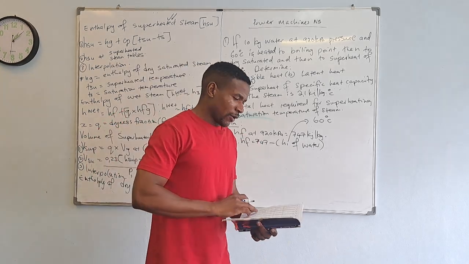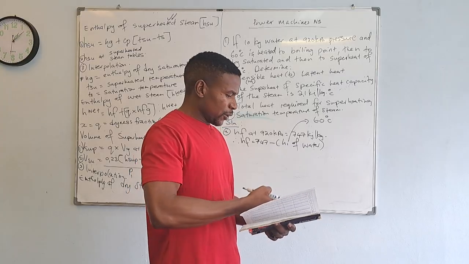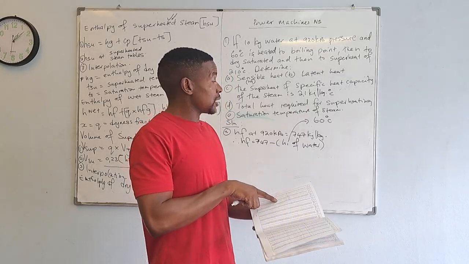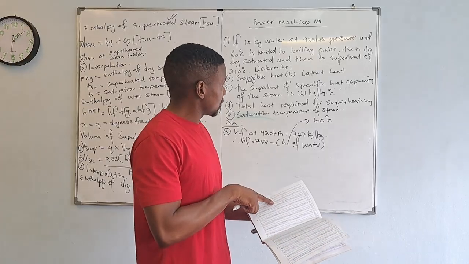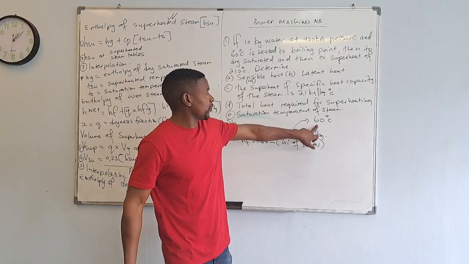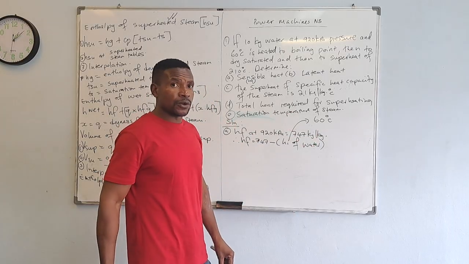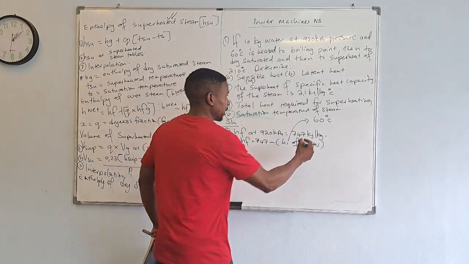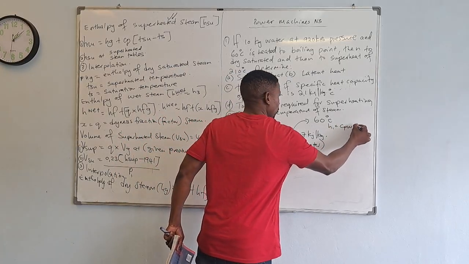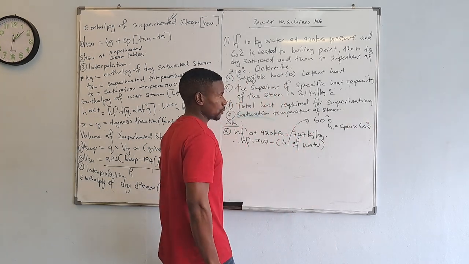But because I know how to use the steam table very well, if you check, you'll find that on our steam table, we do not have 60 degrees Celsius. On the steam table, we have 60.1. Therefore, you can resolve this by means of interpolation. But under examination conditions, it will waste your time. So the simpler way to get our H1, we say therefore H1 equals Cp of water times 60 degrees Celsius. That's how we do it.